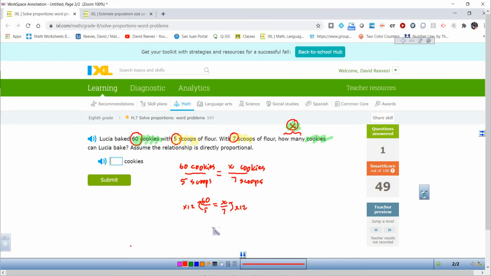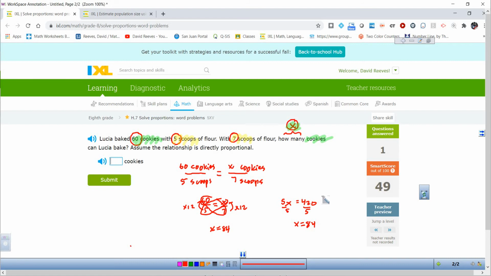And guess what 7 times 12 is? 7 times 12 is 84. So we're going to get 84 cookies. We again could have cross multiplied and gotten 5x if we go that way, right? We get 5x. And if we go this way, we get 60 times 7, which is 420. And if we divided both of those by 5, we would get x equals 84.